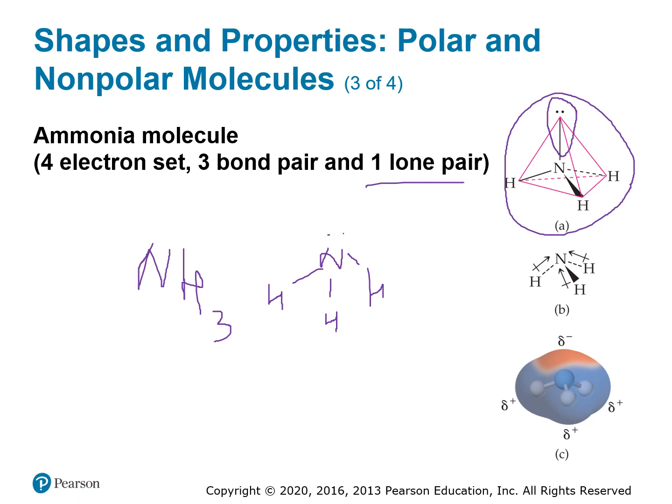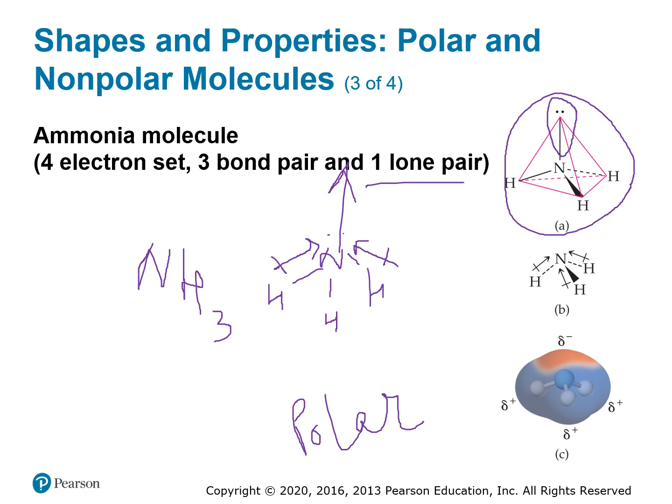And for the polarity of the bond between nitrogen and hydrogen, nitrogen is more electronegative, so that's why the arrow is pointing towards it. And these two polarities would cancel, but this polarity goes up in this direction, so that makes this molecule polar, because all the nitrogen-hydrogen polar bonds do not cancel each other.